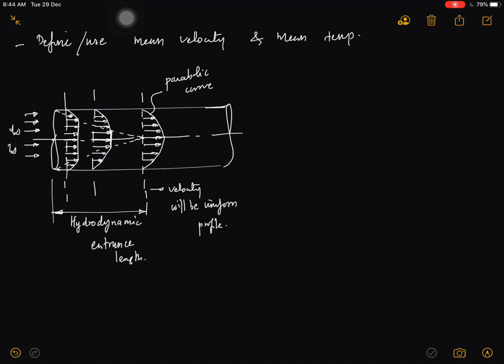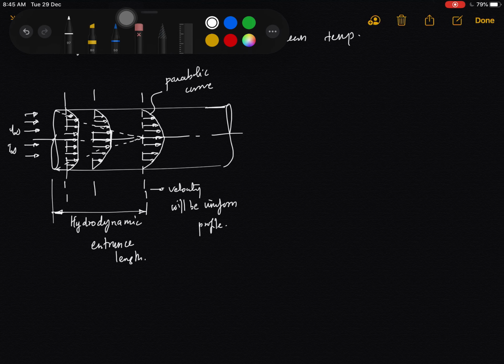But in the case of this pipe flow, since the velocity profile is parabolic in nature, we have to define some particular velocity which is uniform, with no variation in the profile, and which will provide the same flow rate at the exit. So let's suppose I will draw it in some other color.